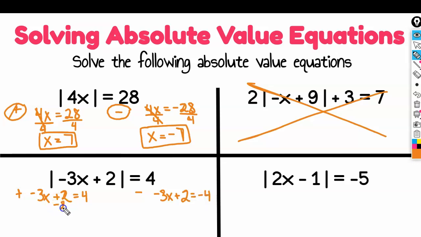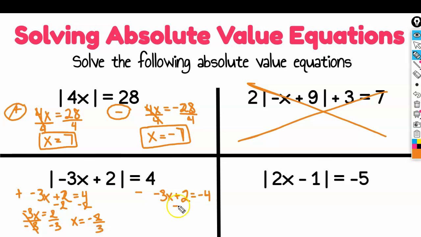So I subtract 2 on both sides. I have negative 3x equals 2. And I divide by negative 3. So for my first answer, I get x equals negative 2/3.